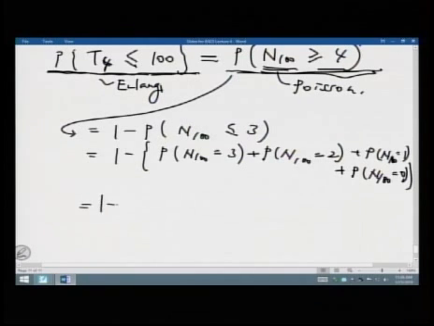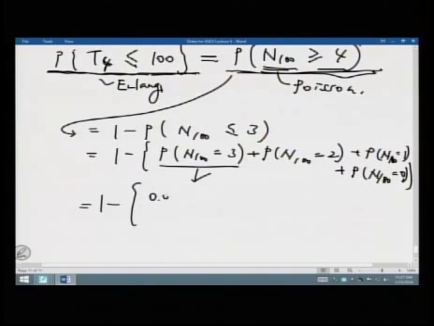So that's going to be 1 minus. Let me just do this one time. Lambda is 1 over 50, right? So that's the same as 0.02. Is that right?